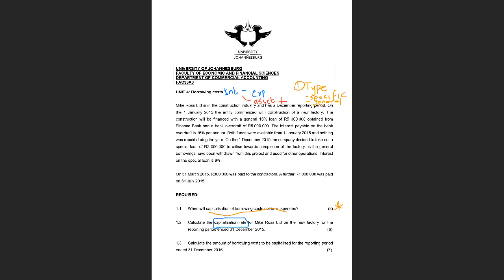Okay, yes. So normally, if we do in general borrowings, we will need to calculate a capitalization rate. So this is a clue to us that there is probably some general borrowings in this question. So let's go to the question and continue.